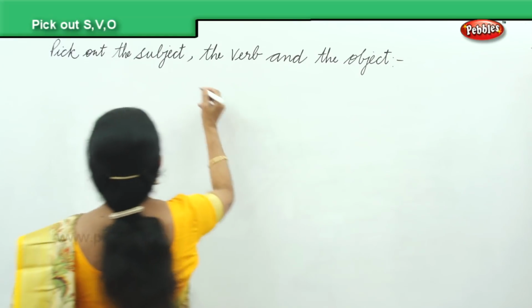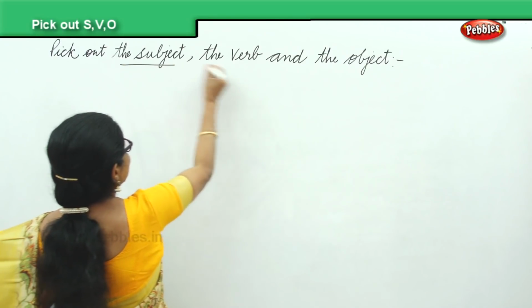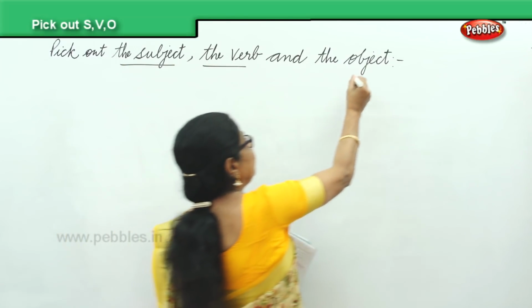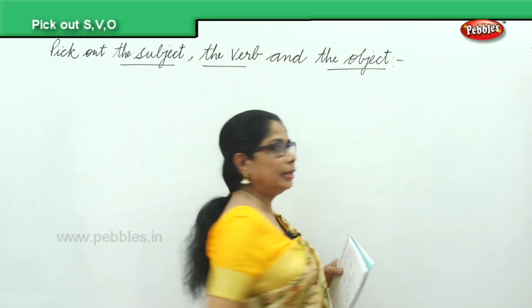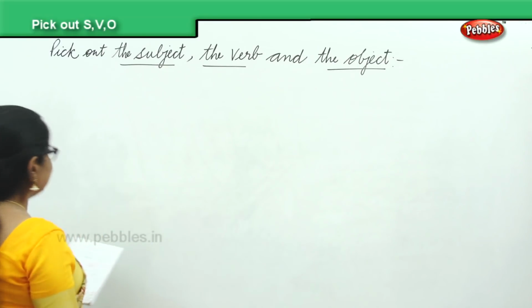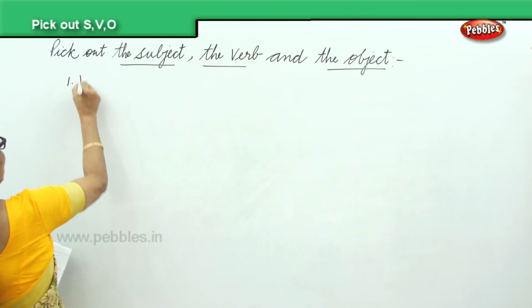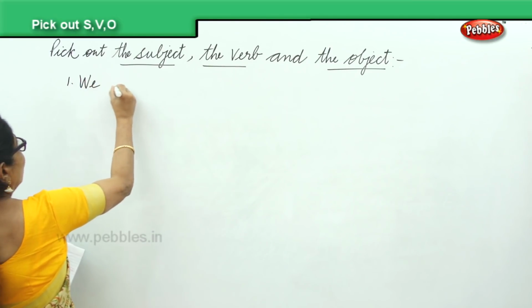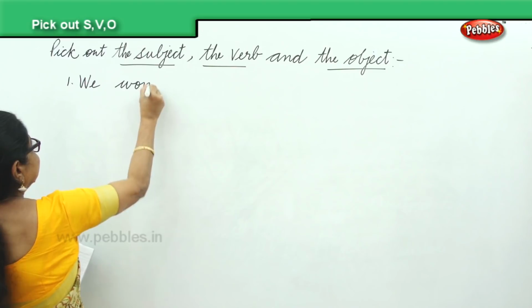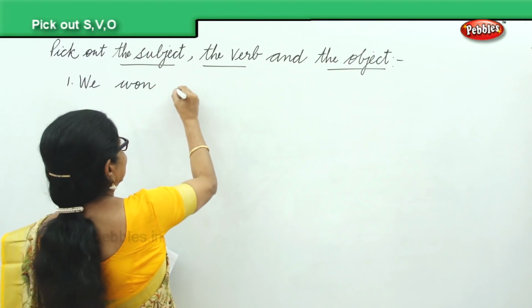So we are going to pick out the subject, the verb, and the object from the given sentences. Okay. First one, we won the match.